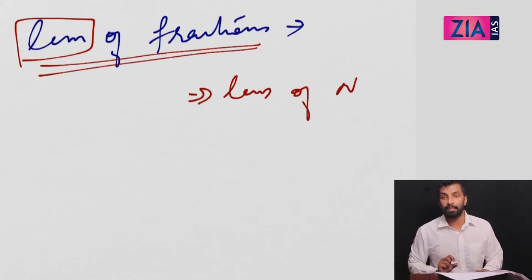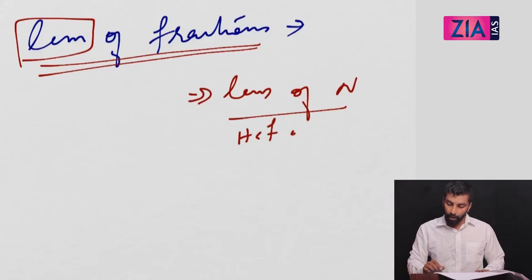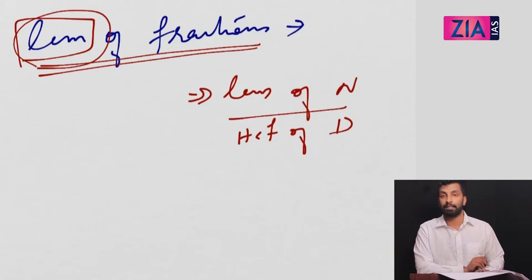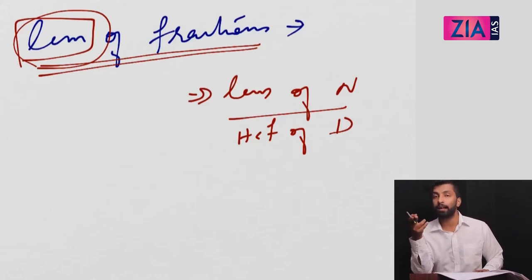There will be two fractions given, so two numerators and two denominators. So LCM of numerators divided by HCF of denominators, when you need to find LCM of fractions. Numerator will be LCM, and denominator will be HCF.